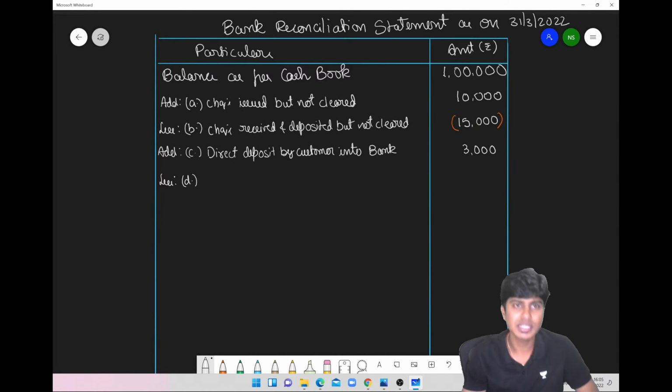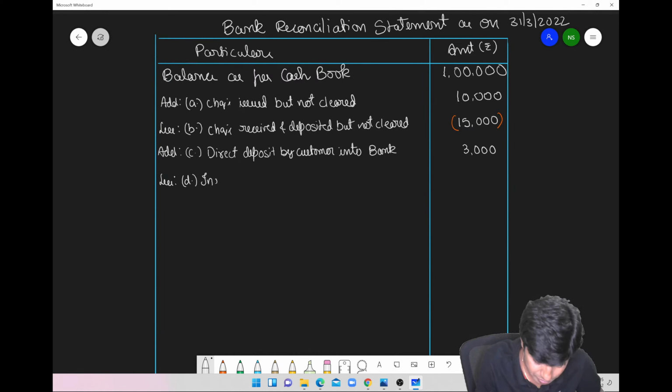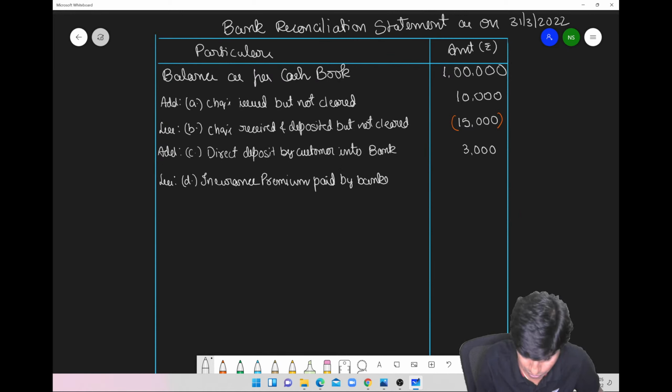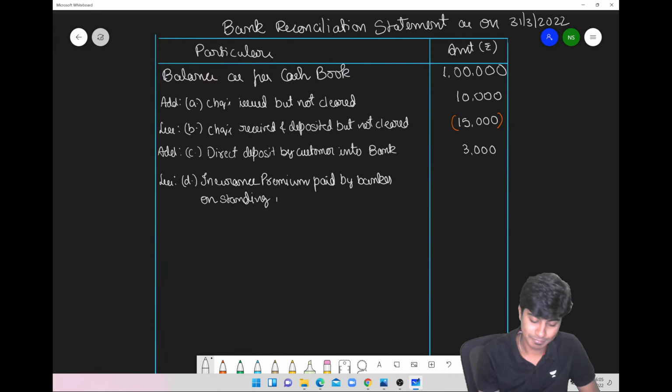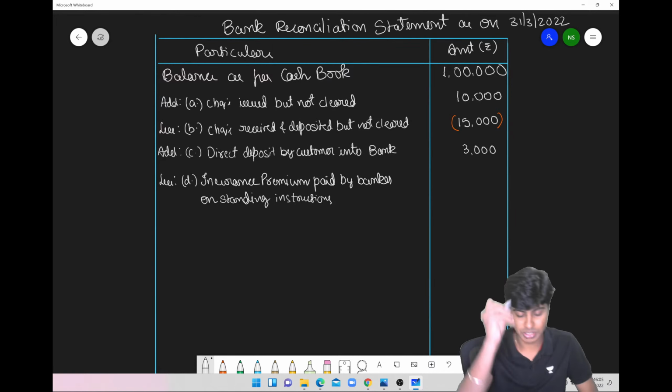Yes. So what is this? Insurance premium paid by banker on standing instructions.